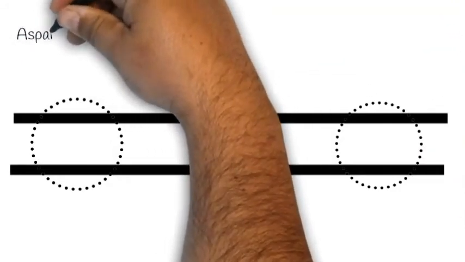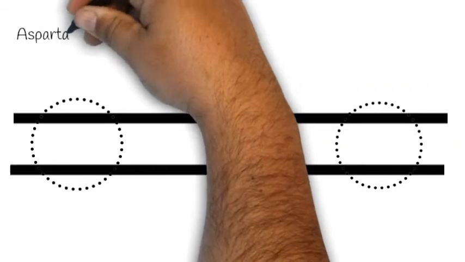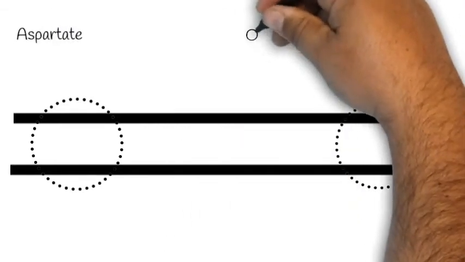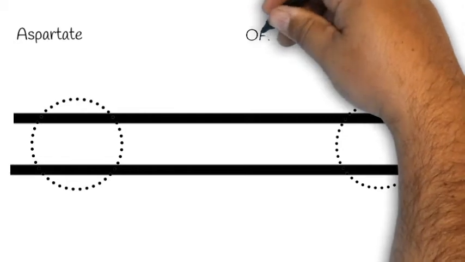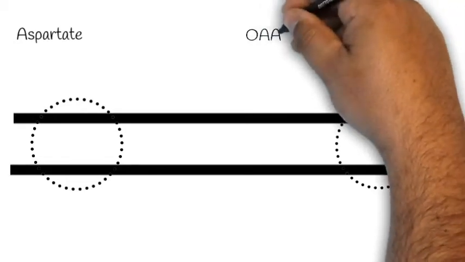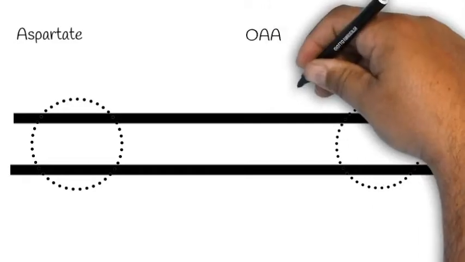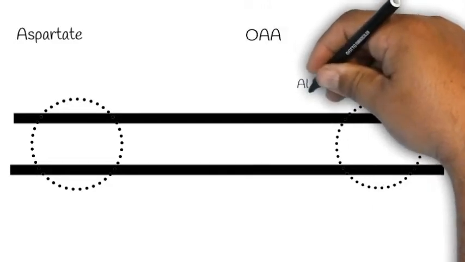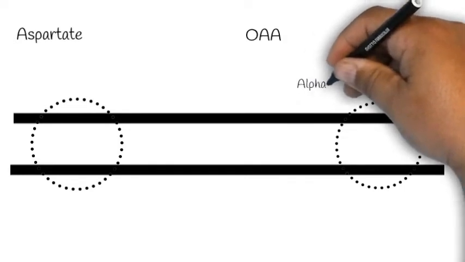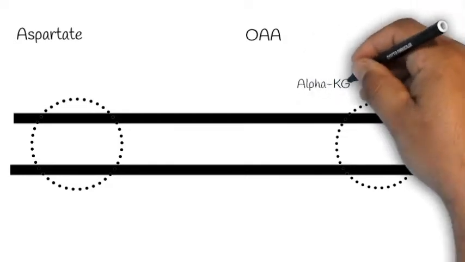So we use one of two shuttles. One is called the malate aspartate shuttle, which is being depicted in this particular slide. So remember, we want to get the NADH from the glycolysis into the mitochondrial matrix, where it can participate in complex 1 of the electron transport chain.